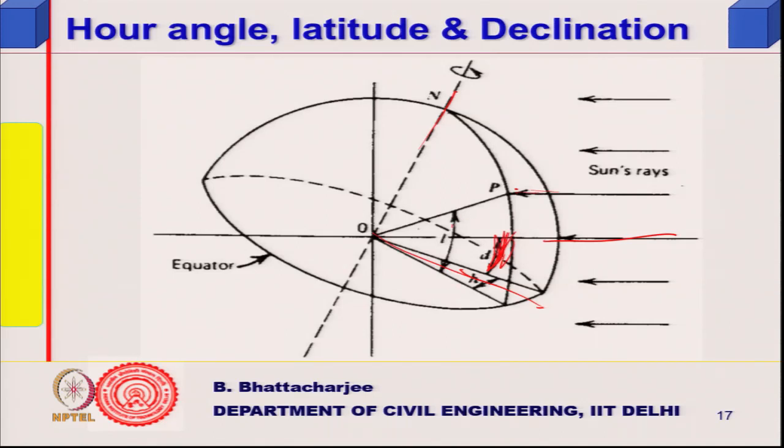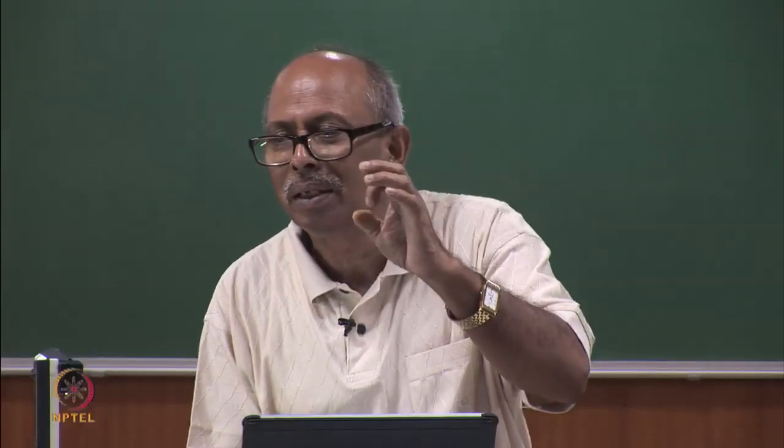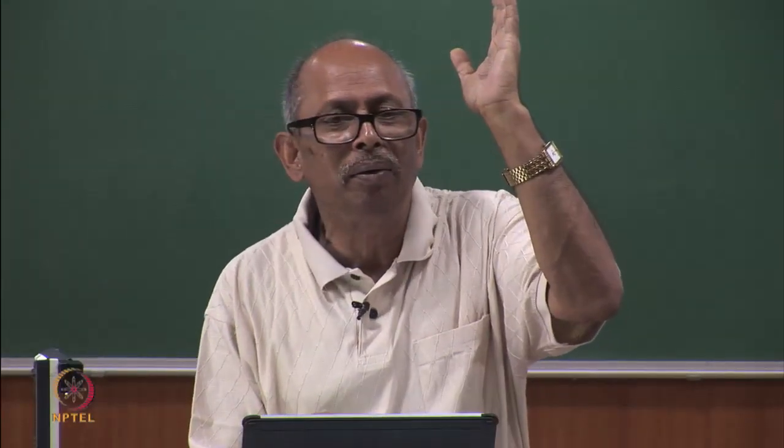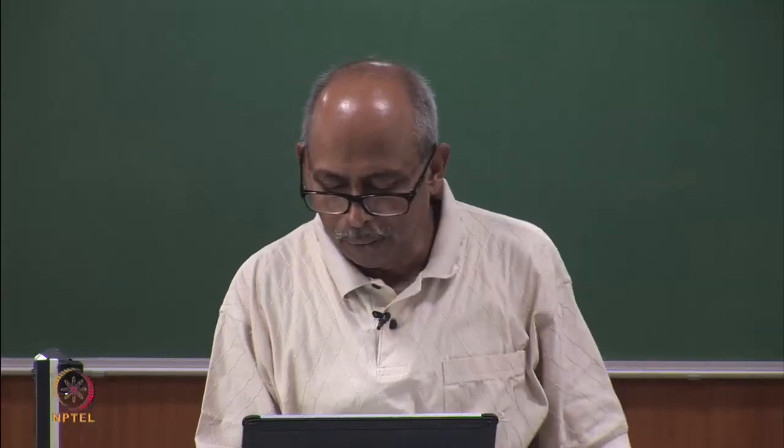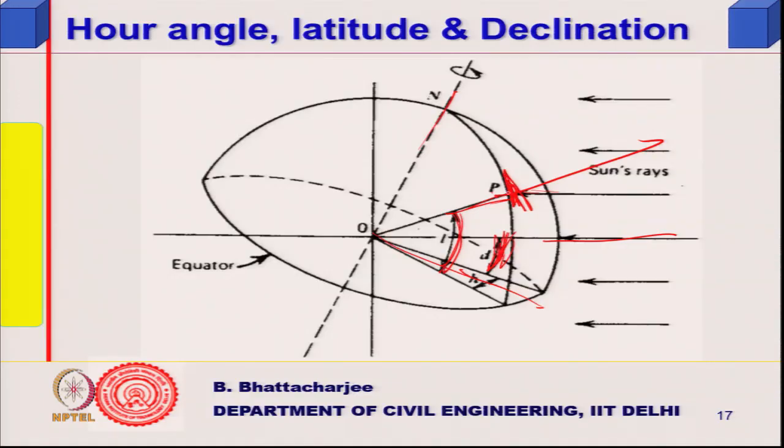Now, this is the normal to the surface, so the vertical will go like this. If I join a line from the center to the surface of the earth, that represents the vertical at that point. The horizontal surface is tangential to this.